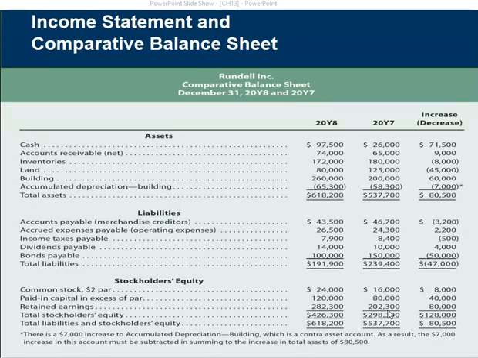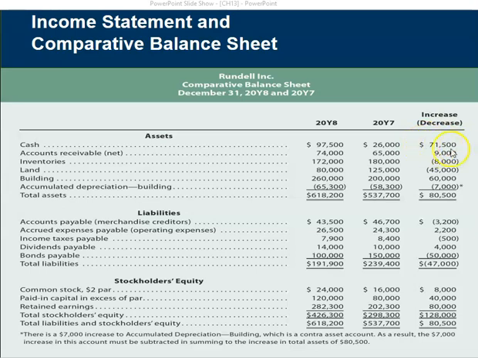We have a balance sheet here. What does that tell us? Well, this is a comparative balance sheet. So if our income statement was from the year 2018, you see here that the December 31st cash balance for 2018 is 97.5, but last year it was 26,000. That represents a change of 71,500. Well, how did that happen?